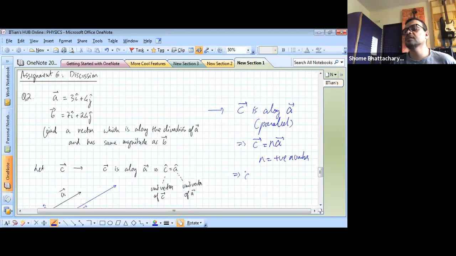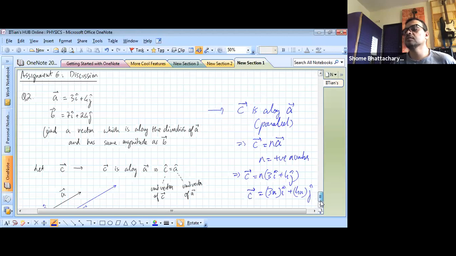So you can write that C is equal to n times 3i cap plus 4j cap, or 3n i cap plus 4n j cap.